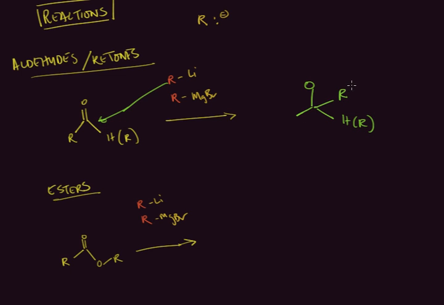You've just added on this R prime from the organometallic. You've got this negatively charged oxygen now because the electrons get pushed up to the oxygen, and it eventually gets protonated. So I'll draw it like this. It eventually gets protonated. And so you're going to end up with an alcohol.